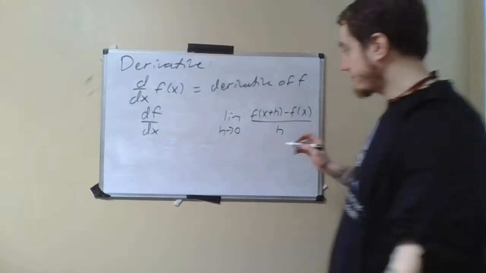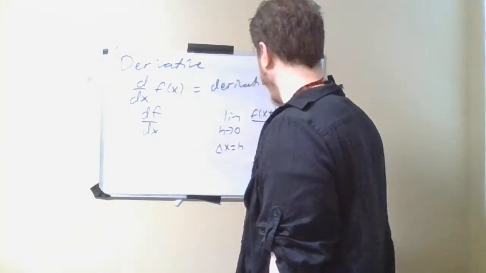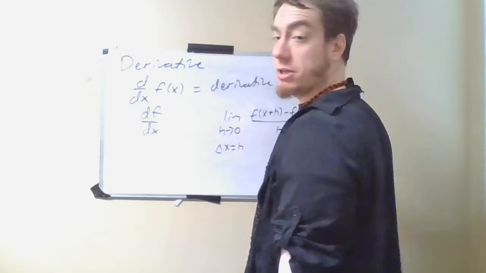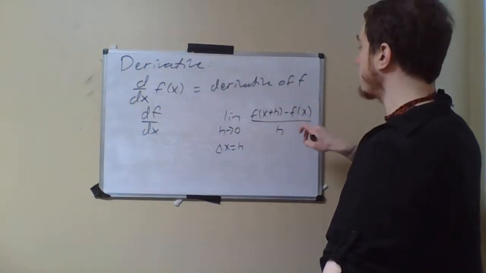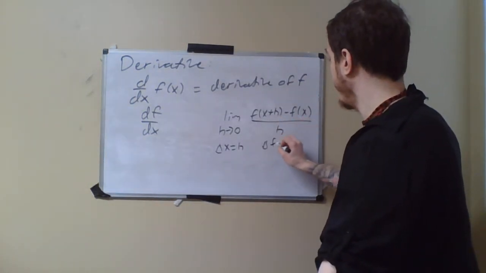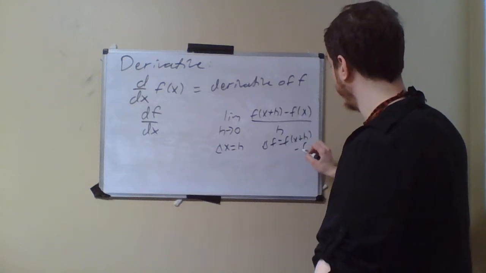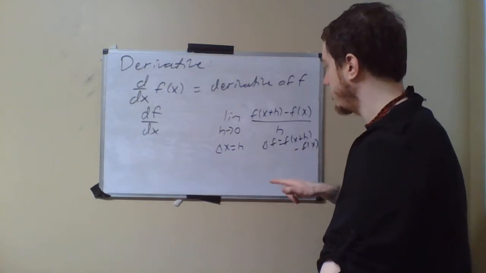Well, let's write delta x is equal to h, and let's consider this numerator as delta f. So this is f of x plus h minus f of x. Why would we do this? Well, remember, a capital delta just means change.